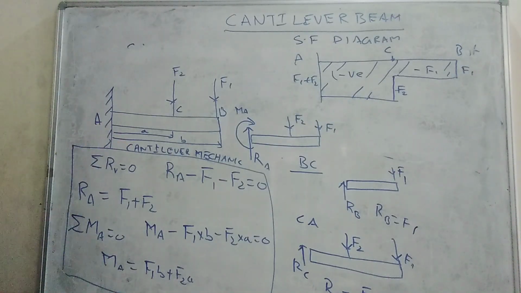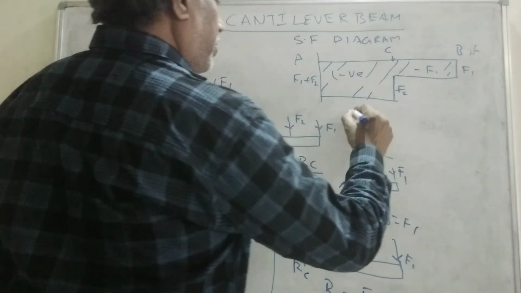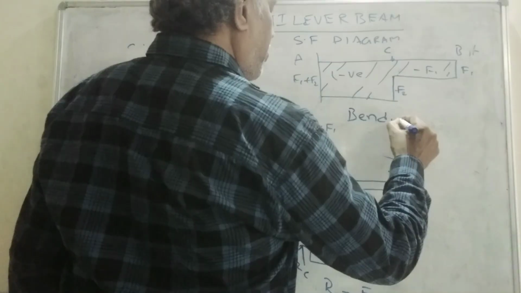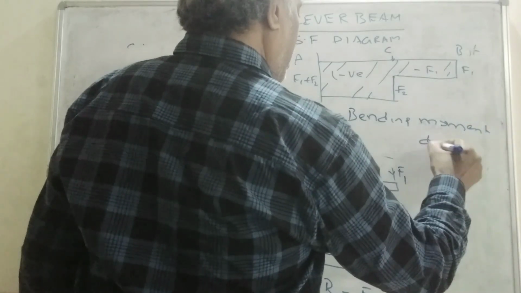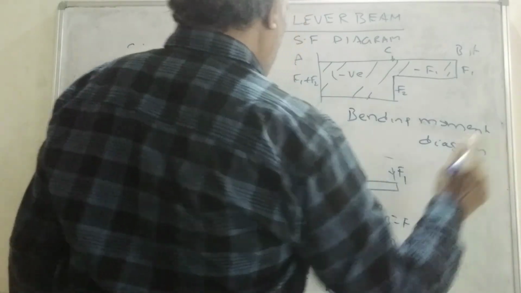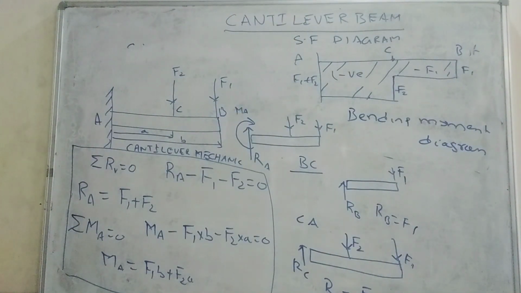This is the shear force diagram for the cantilever with point loads. Now similarly, we have to find out the bending moment diagram.